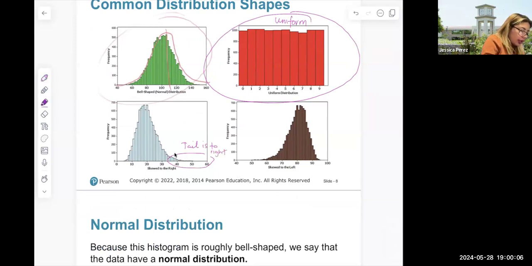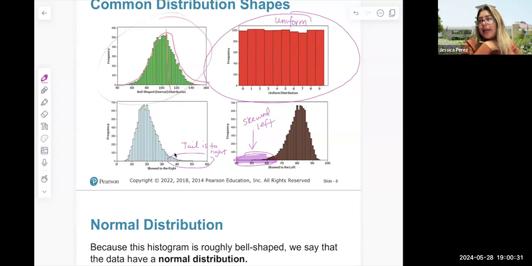And then look over here, the tail on this one, there's more data. This is a left tail, or skewed. Let me say that. It's skewed. See how it's kind of pushed away? This is skewed to the left because look at the tail. The tail starts in the left.